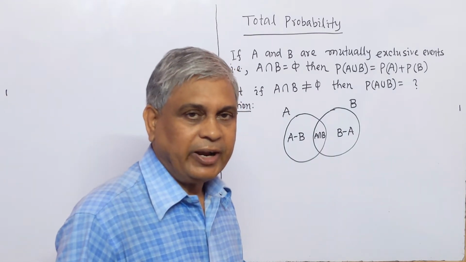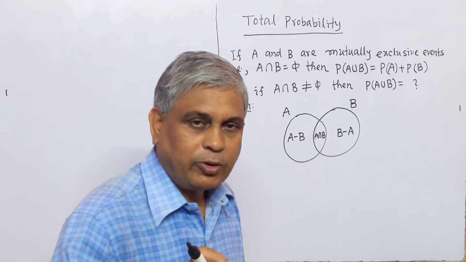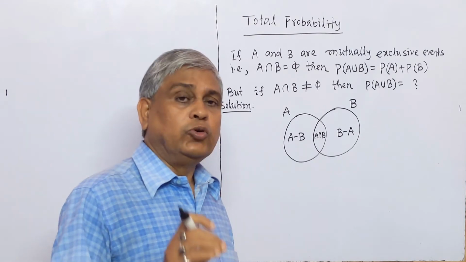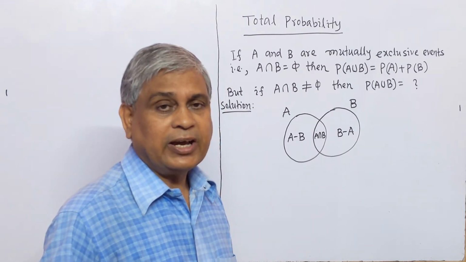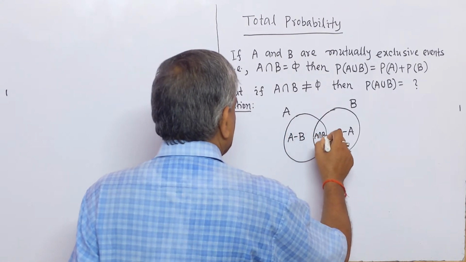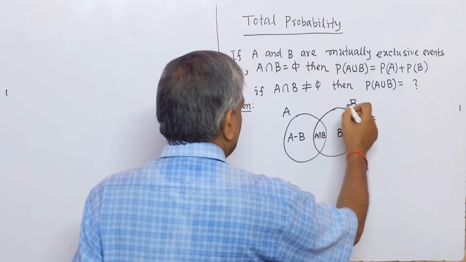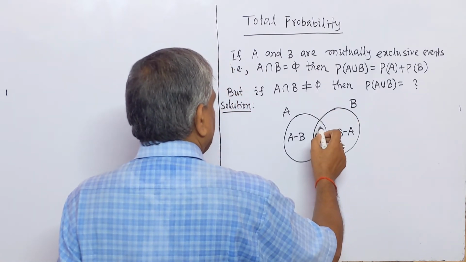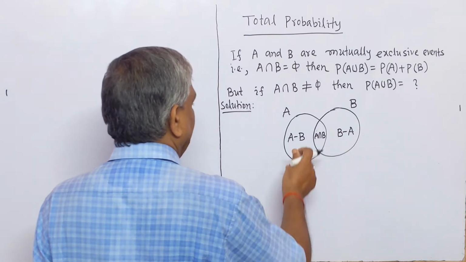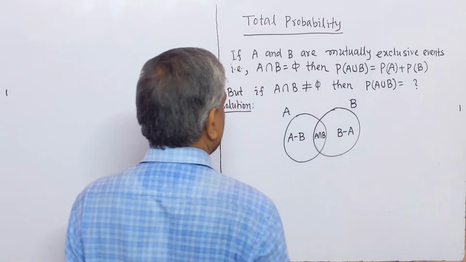Since each event is a subset of a sample space, therefore all events are sets. We will solve this with the help of set theory. Let this is set A, this is set B, and their common place is A intersect B, and this side is A minus B, this side is B minus A.